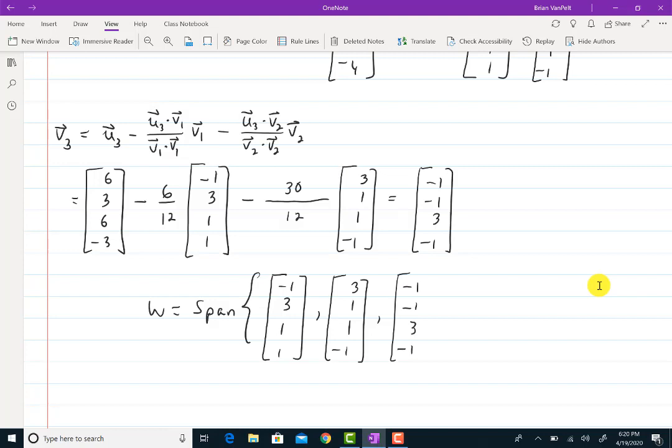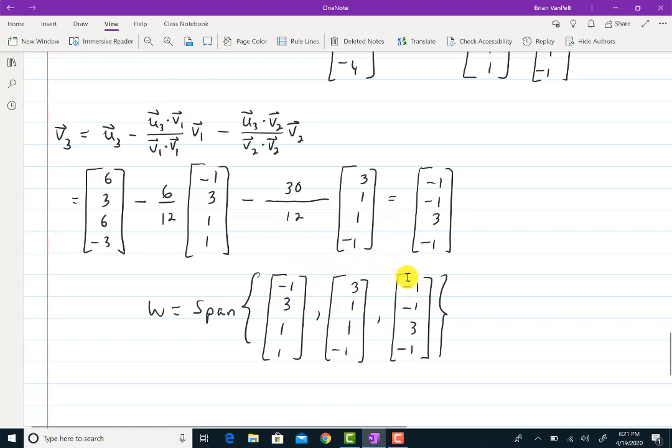So what I want to do is make sure that they're perpendicular. I know they are, but let's just check it. I'm doing the dot product of the first 2 vectors. Negative 3 plus 3 is 0, 1 minus 1, they zero out. Good. Now the first vector dotted with the last vector.